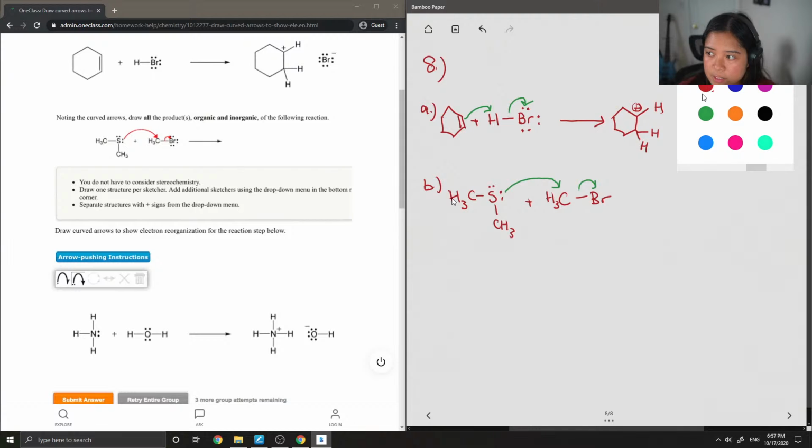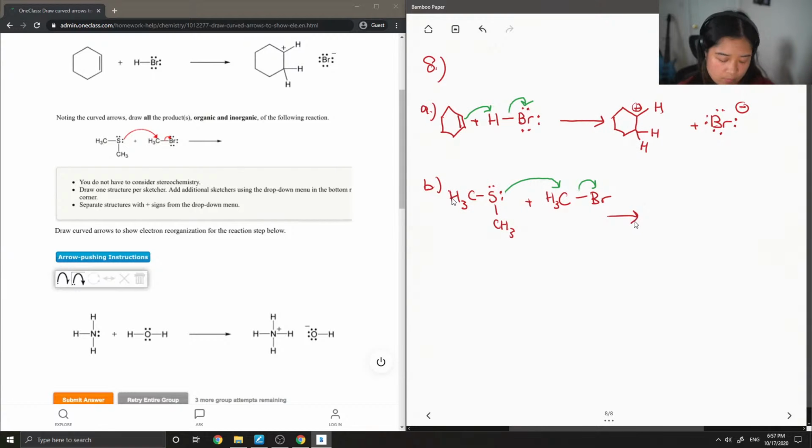So the bromine acts as a leaving group. And then our final product looks like this. So the sulfur gained another methyl group. And you just have Br minus there.